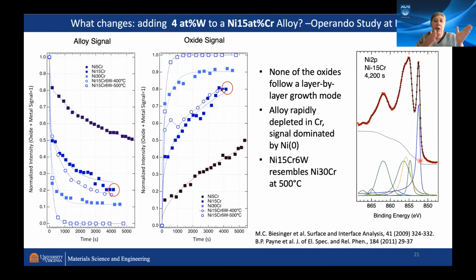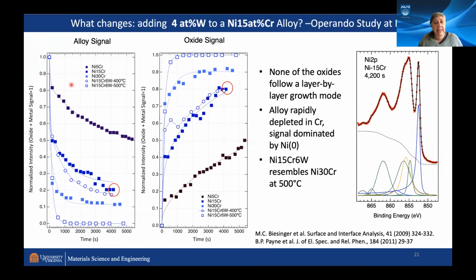Let's look at how your alloy signal decays and how your oxide signal comes up during the whole process. What I've shown here, just so your brain gets scrambled a little, is all the others we studied. All the closed symbols are binaries. All the open symbols are the ternaries with 6 weight percent tungsten, that's about 3 atomic percent. 2 experiments, 500 degrees and 400 degrees centigrade.